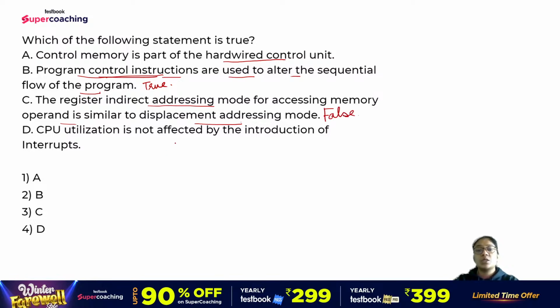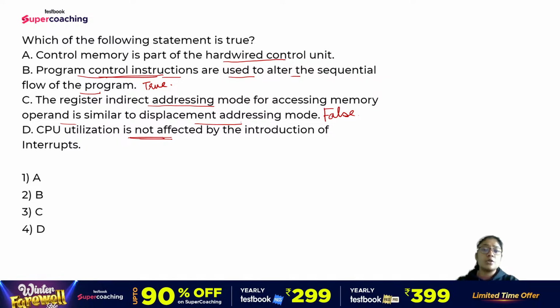CPU utilization is not affected by the introduction of interrupts. This statement says that the CPU is not affected at all. Definitely the CPU is affected, because as soon as an interrupt comes, the interrupt service routine works, and at that time the CPU gets idle. The execution the CPU was doing is paused, and the interrupt will be handled.